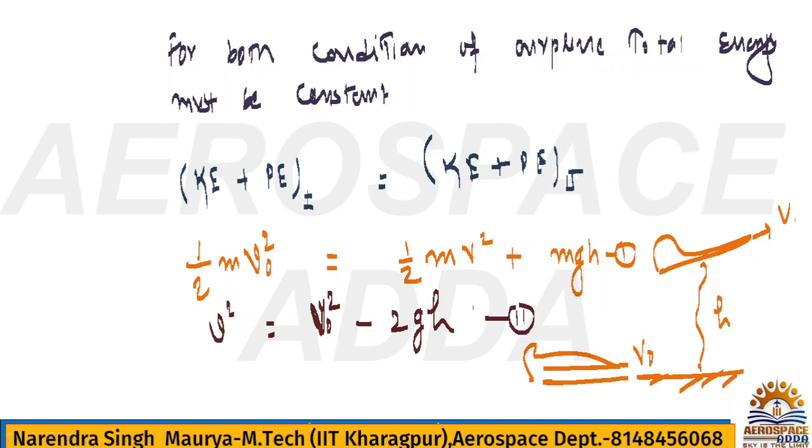This is the equation of motion, you all know this. So the final velocity V square, when the airplane has gained some altitude, is equal to the initial velocity V naught square minus 2gh, where h is the height gained. You can check the diagram. So V square is equal to V naught square minus 2gh. These are the two equations you got.